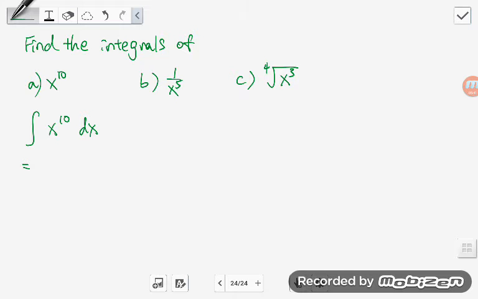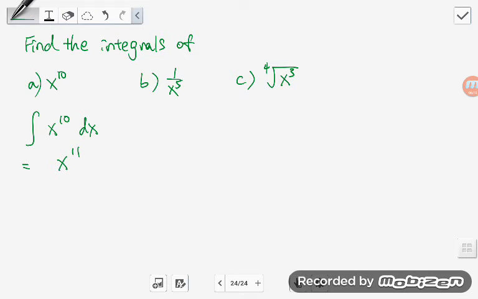Now, let's do this in the opposite direction. What should I differentiate so that I will get x to the power of 10? So when we are differentiating, the power has to drop by 1, right? Which means the original function should have a power of 10 plus 1, correct? So it's going to be x to the power of 11.